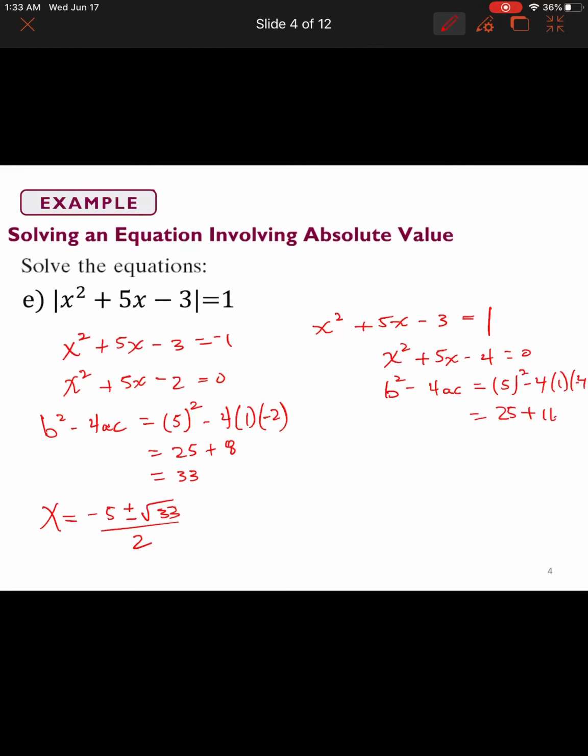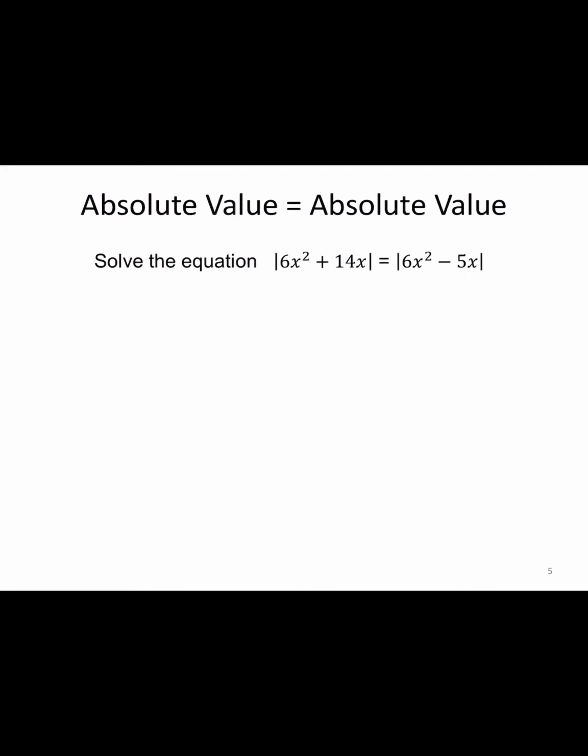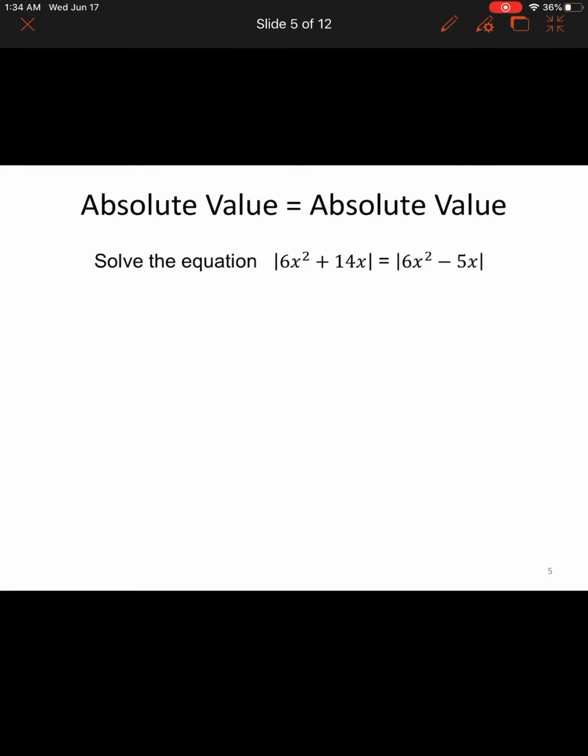It's 25 plus 16, 41. x equals negative 5 plus or minus square root of 41 all over 2. Hey, there you go. Keep it rolling, because we got things to do.